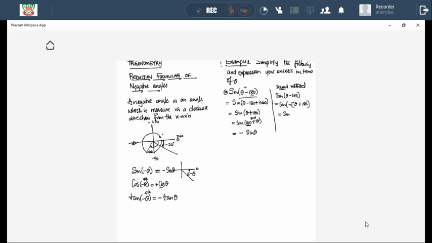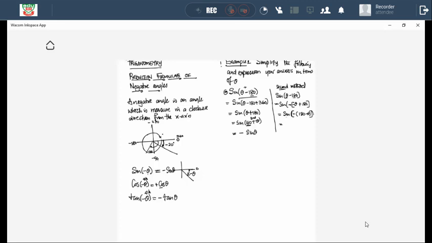Which is going to be equal to sine of: if I say negative into theta, I'll get negative theta. Negative into negative 180, I'll get positive 180. Okay, right. From there, this is now negative outside. Then inside is now 180 minus theta. I'm just rearranging. Then that's a square bracket. Okay, right.